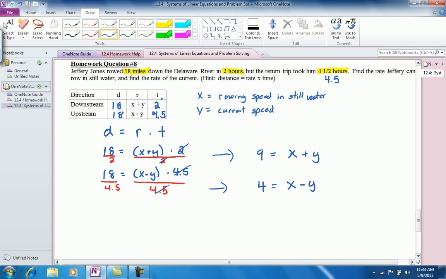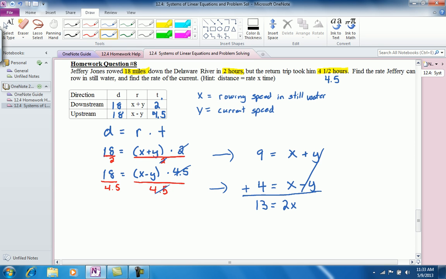Alright, so now I have these 2 equations. Looking at these 2 equations, they set up very well for the addition method. They also set up for substitution, but addition will be a little bit quicker. So using the addition method, 9 plus 4 is 13. x plus x is 2x. Positive y plus negative y will eliminate.